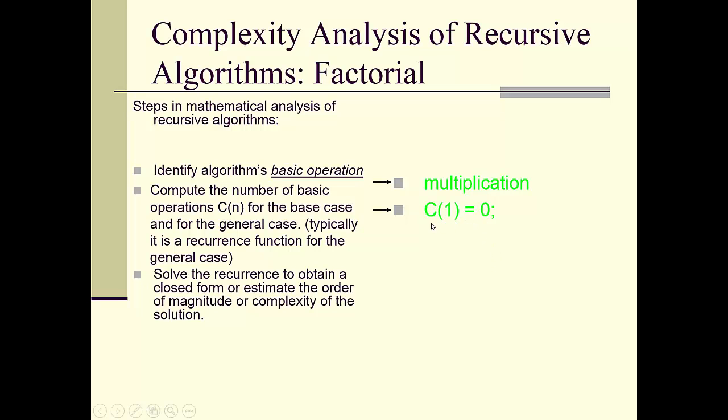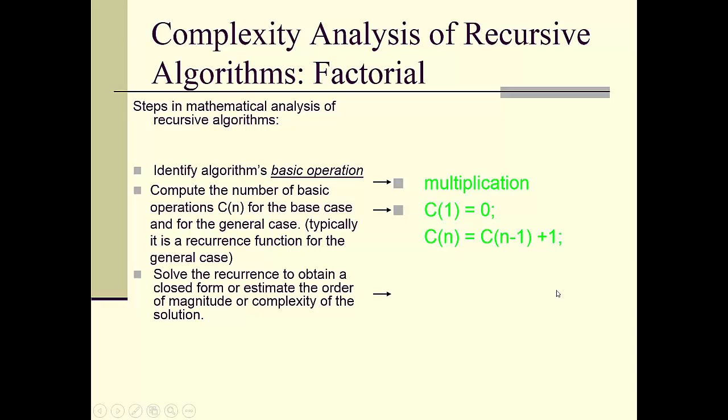The number of basic operations when the input to the function is 1 is 0. However, to compute the factorial of n, the number of basic operations is going to be the number of basic operations to compute factorial of n minus 1 plus an extra 1.